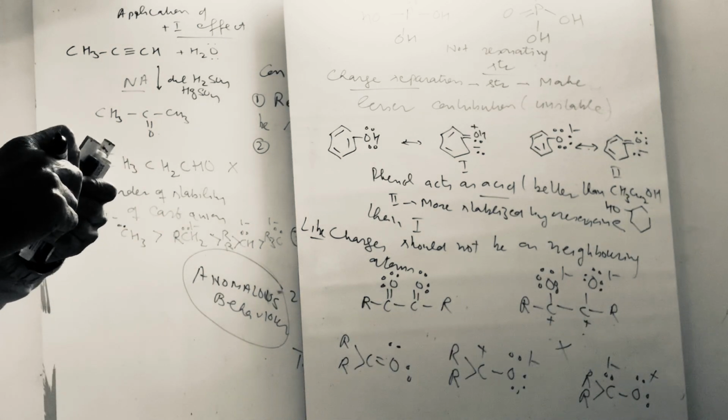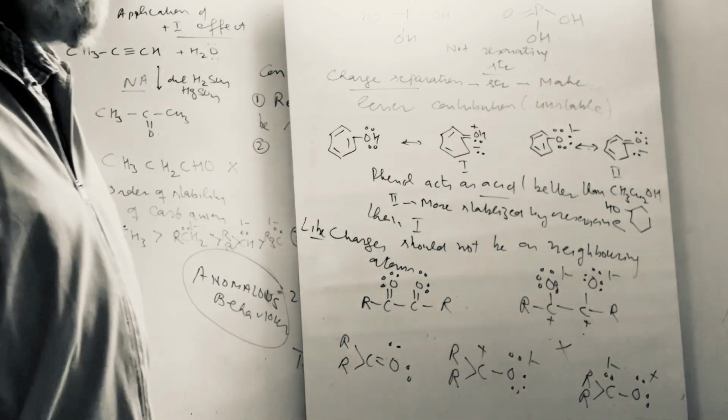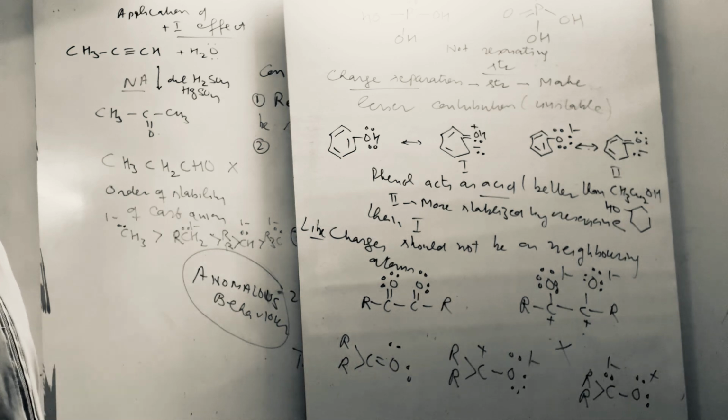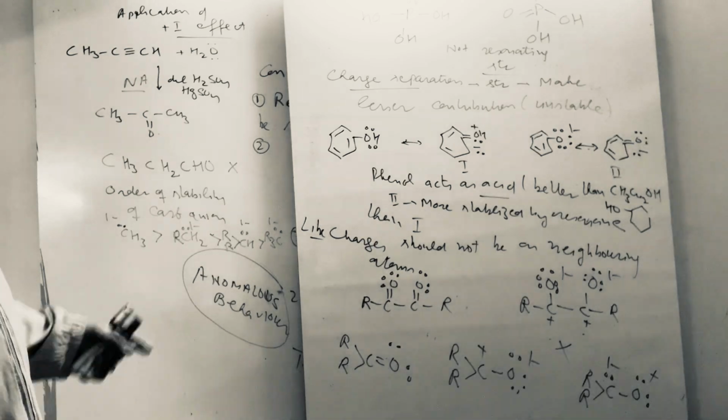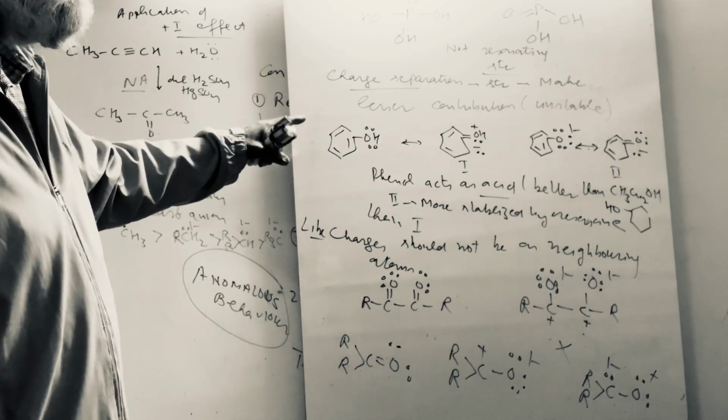Now here we have come to know that OH and phenate ion are electron donating groups. So as a result, what should happen when you have an electron donating group? That will be affecting things. Just see, here it is explaining the acidity.